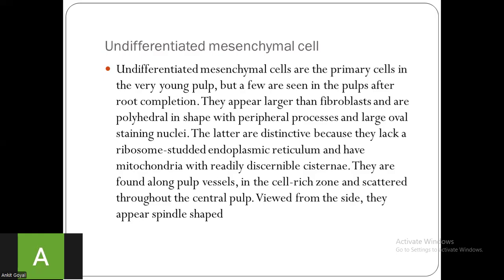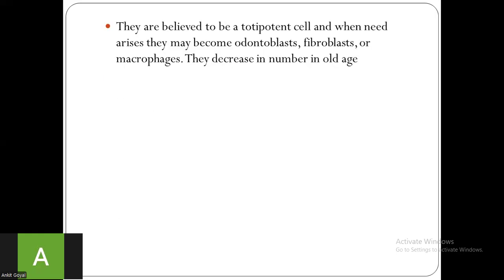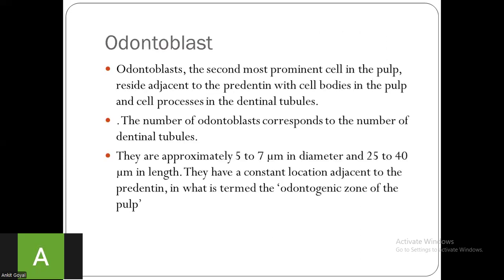They are found along pulp vessels in the cell-rich zone and scattered throughout the central pulp. Viewed from the side, they appear spindle shaped. They are believed to be totipotent cells, and when needed, they become odontoblasts, fibroblasts, or macrophages. They decrease in number in old age.